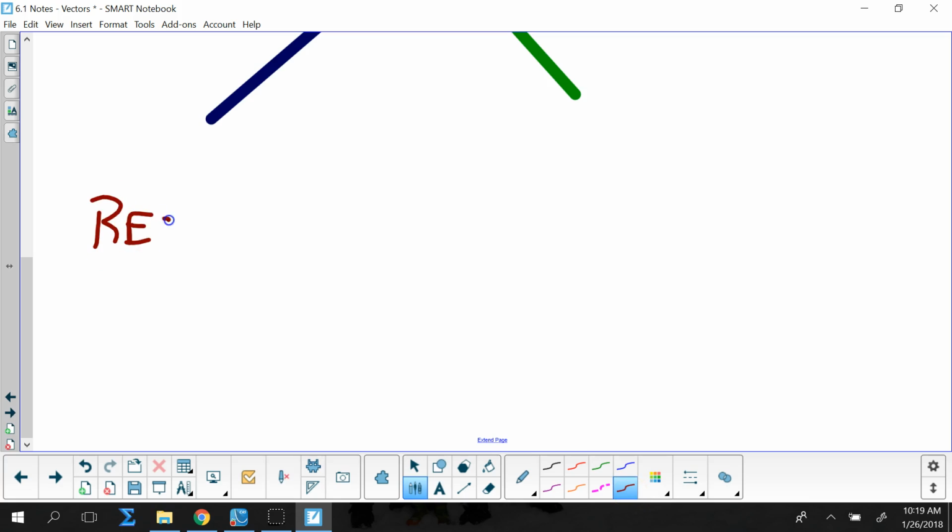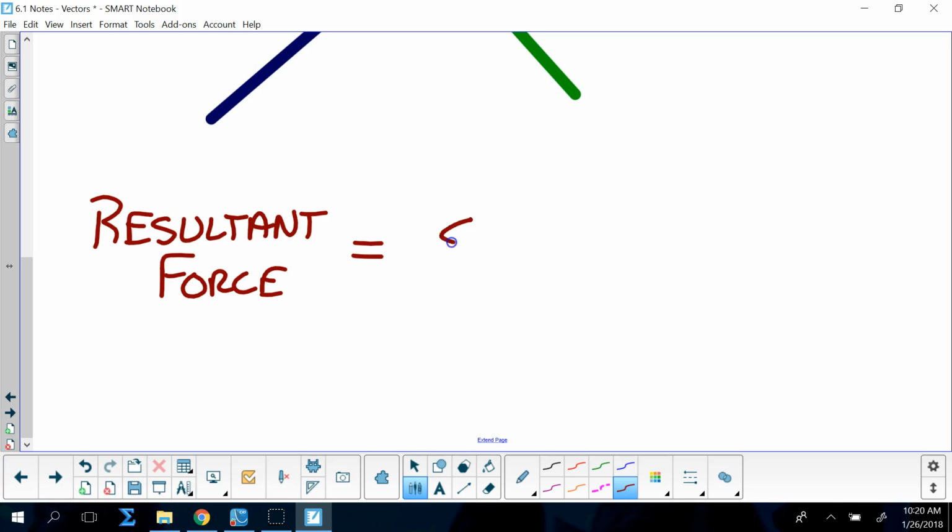The result is going to be the sum of all of the forces that are acting upon that object.